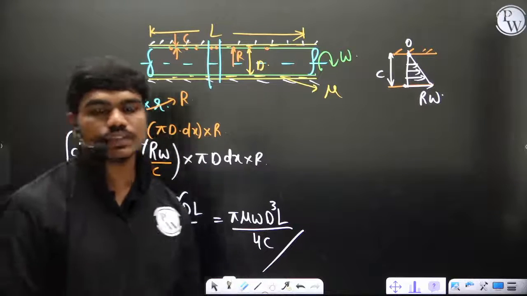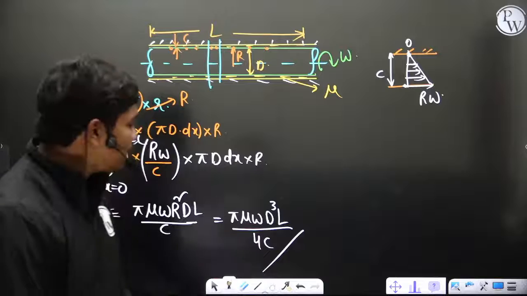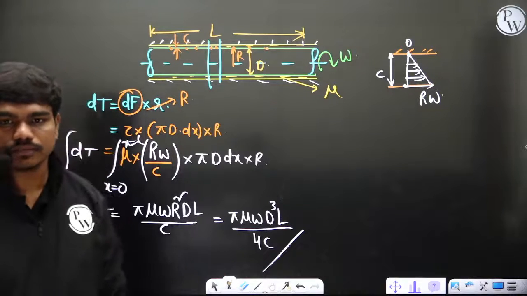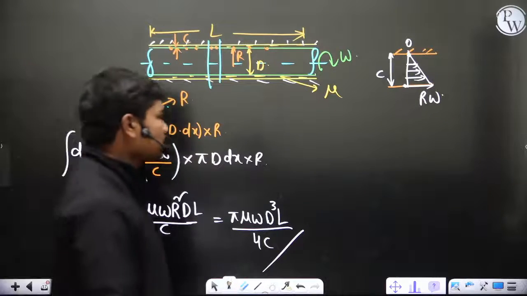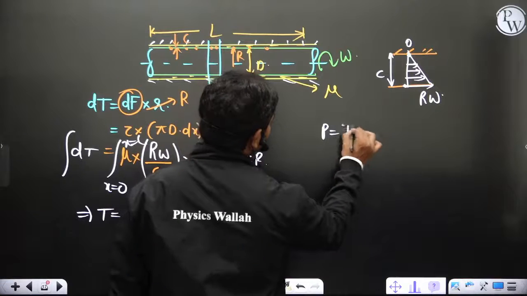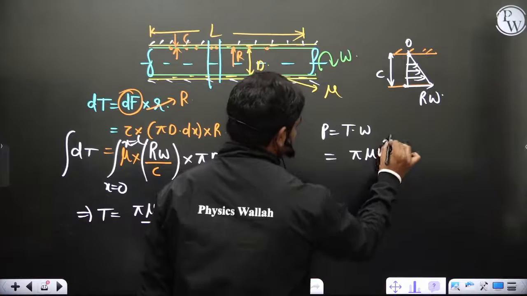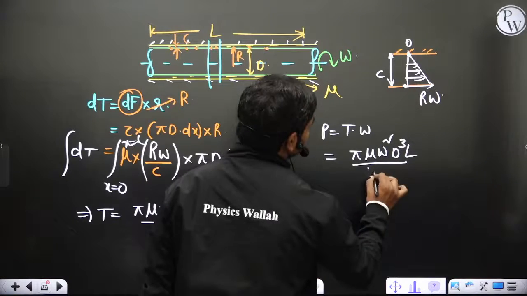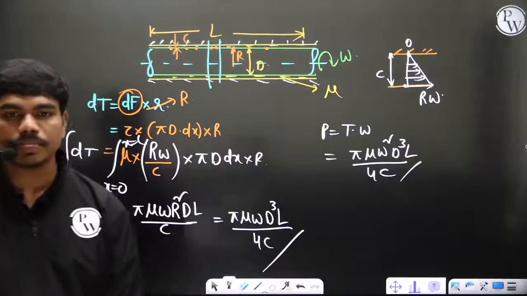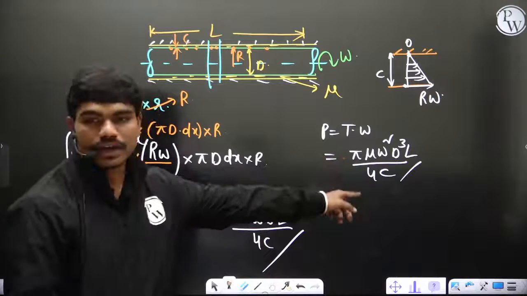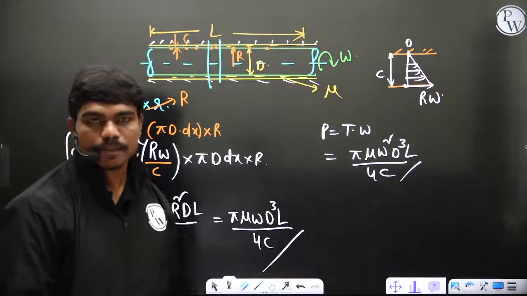So this is the expression for the torque. Yes or no? Pi mu omega d cube L by 4c. Yes. So similarly, what is the power? Power is equal to torque times omega, which is equal to pi mu omega square d cube L by 4c is what you have. Okay, because this torque multiplied with omega gives you power actually in this case.